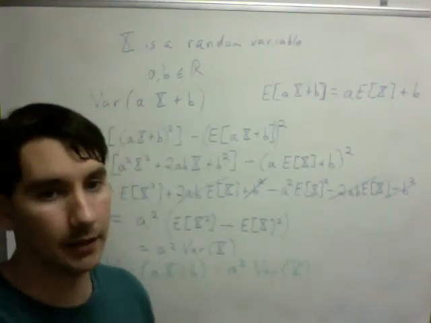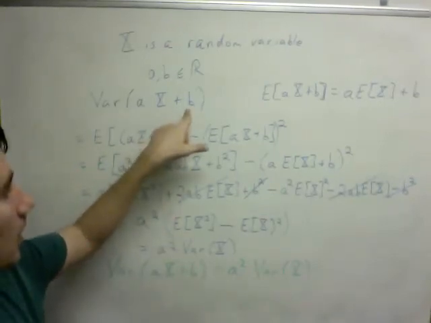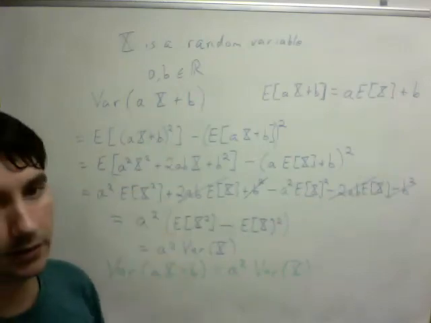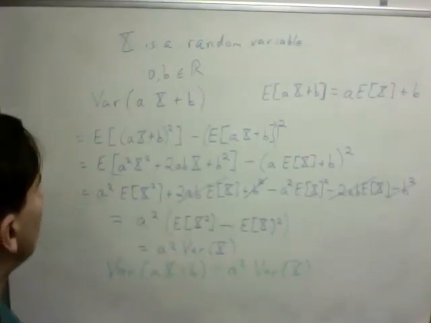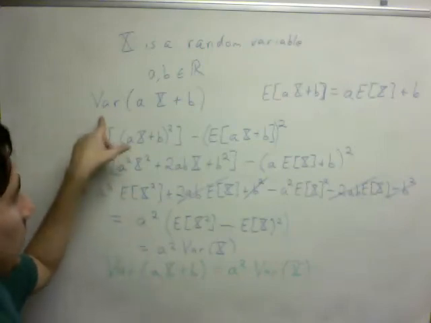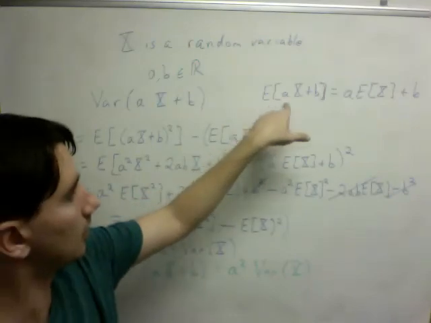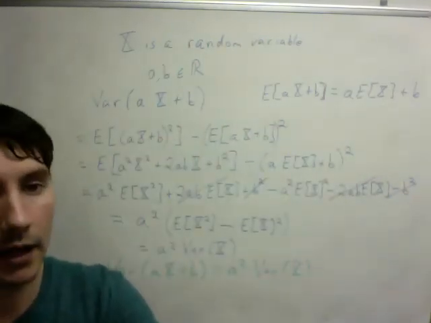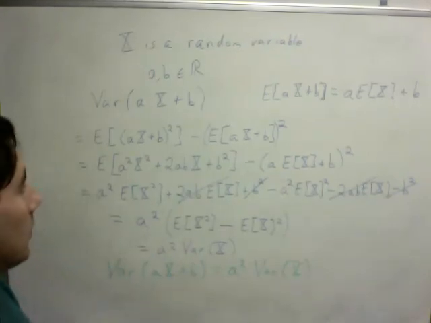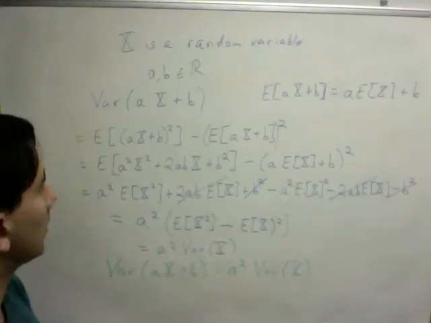And you might have some sense of why this works. If you add a constant, all that does is just shift the random variable by the constant. But it doesn't change how variant it is, I guess, or how much it'll deviate from its mean. Right? It would shift the mean up by b because of this linearity, and it just shifts the random variable values up by b. And then the a, you're scaling everything by a, so you're multiplying through by a, and so that becomes an a squared, since we squared all the terms inside of the variance.